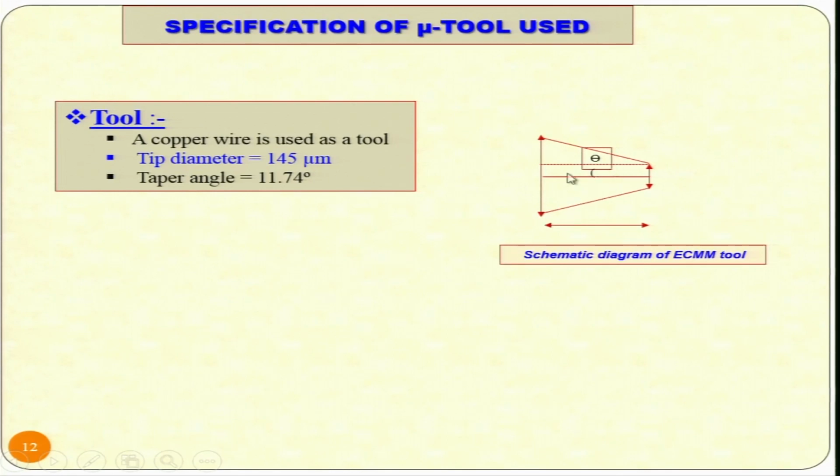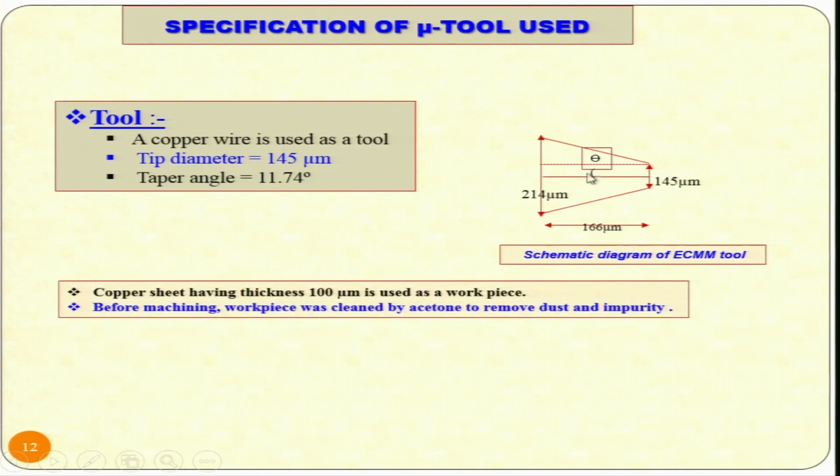Now you can see this is the schematic diagram of the ECMM tool that was used over there. The upper diameter is 214 micrometer, tip diameter is 145 micrometer, the tapered tip length is 166 micrometer, and theta is the angle of taper.